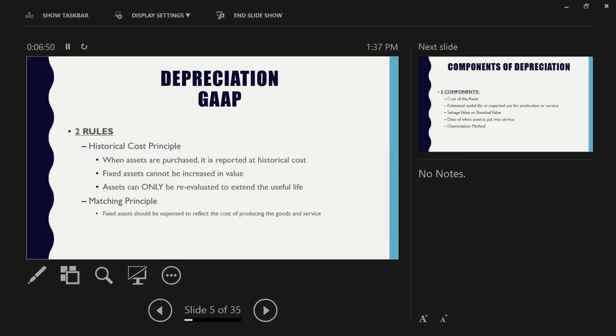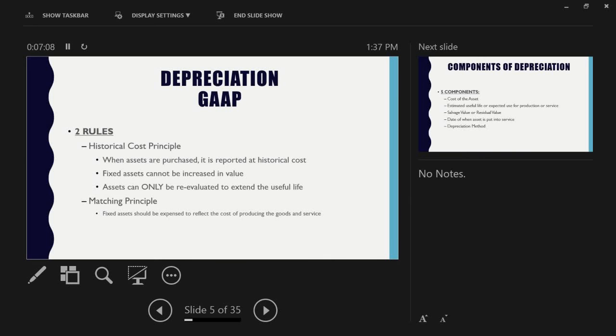So that's number one. Number two is going to be the matching principle. So again, when we depreciate it, you need to have equal and not less. It has to be equal to the amount that you costed out to be.